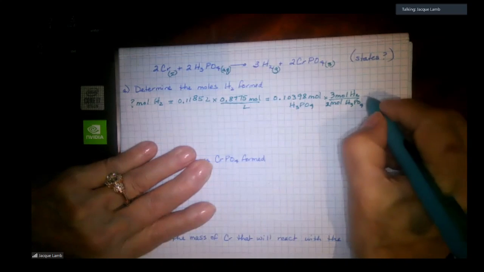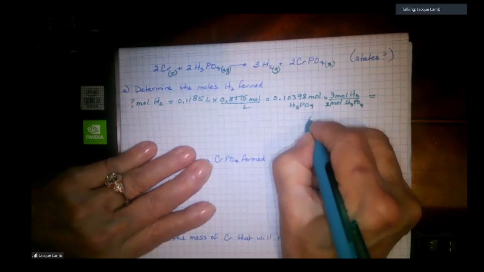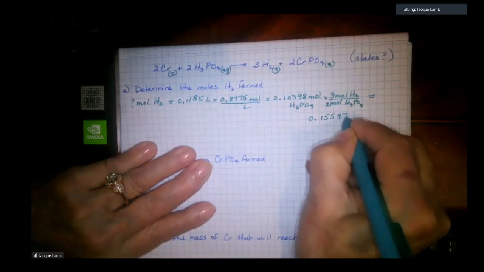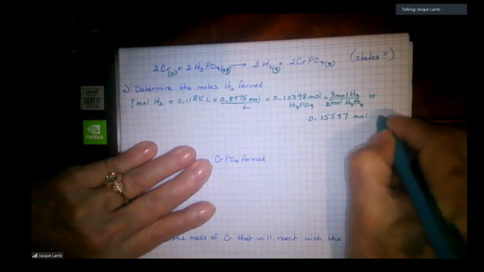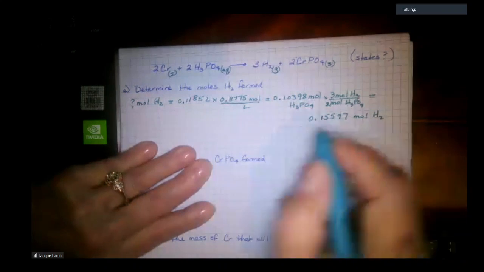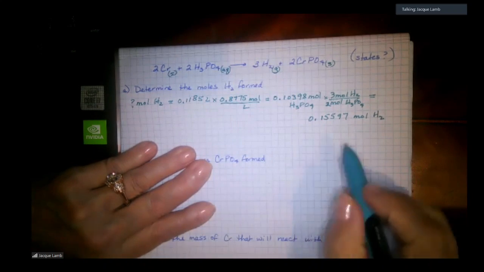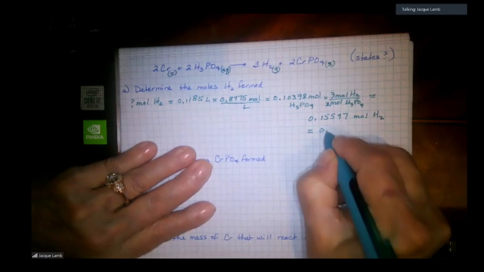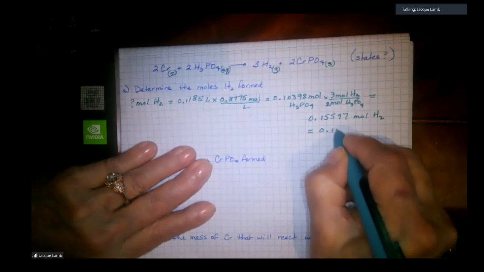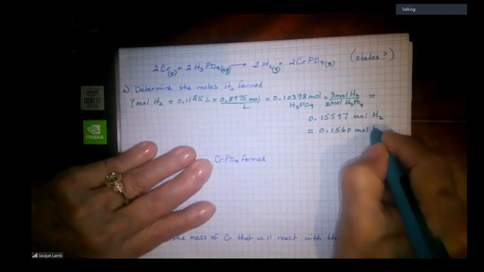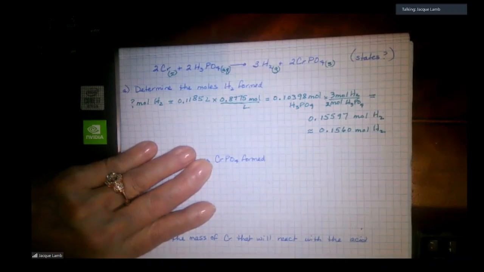So when I do that math, I end up with 0.15597 moles of H2. But I'm going to round that. My final answer is going to be 0.1560 moles of H2 when I round to 4 significant digits. Okay.